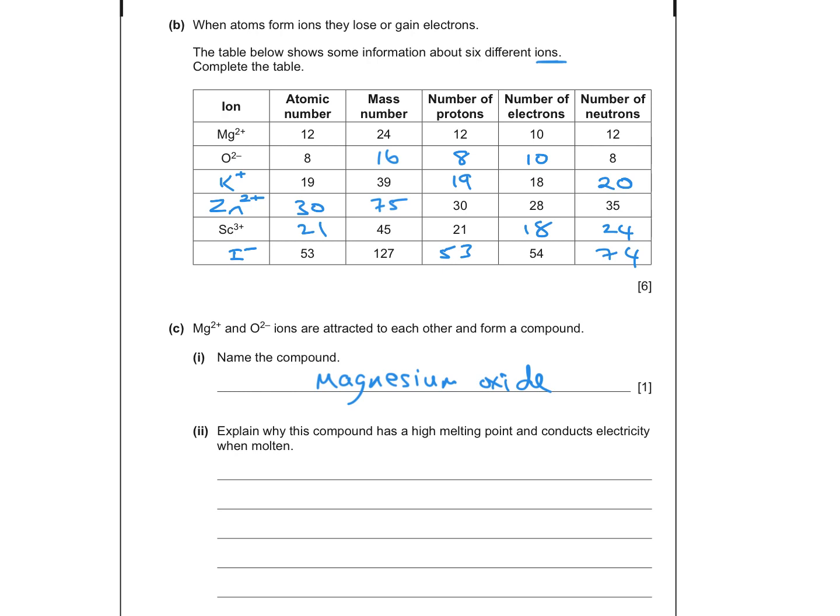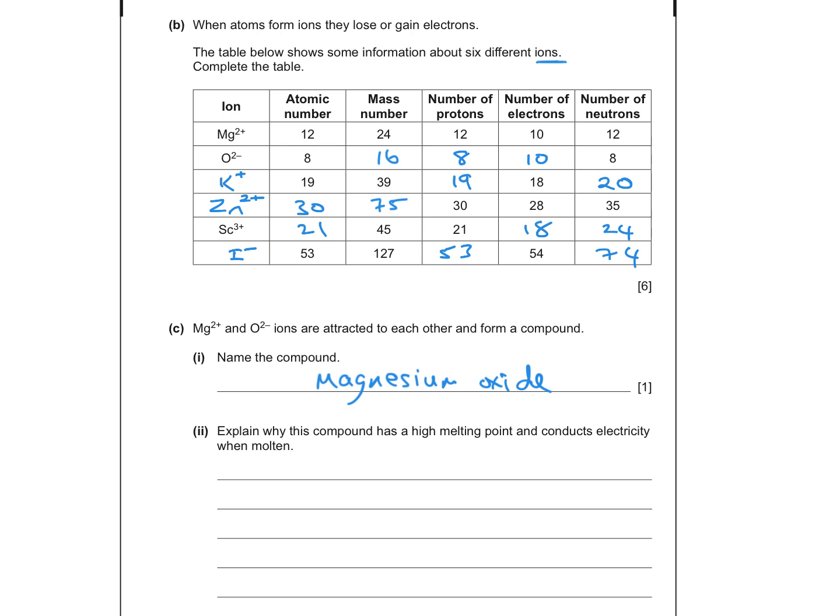Well, ionic bonds are very strong and require a lot of energy to break. And that's why ionic substances have high melting points. And the other thing you need to remember is that ionic substances only conduct when molten, when the ions are free to move and carry the charge.